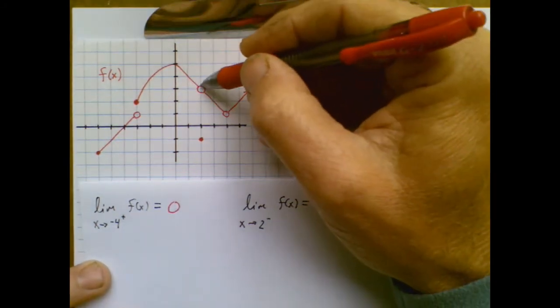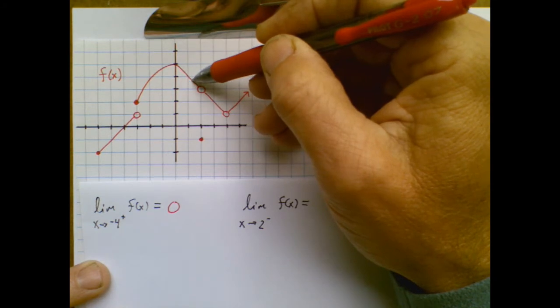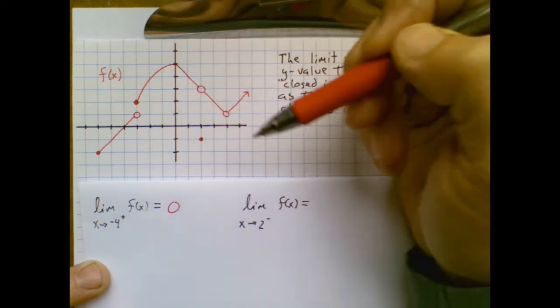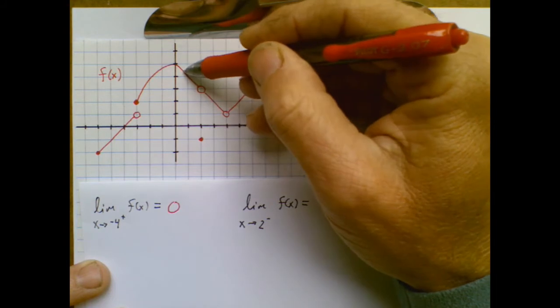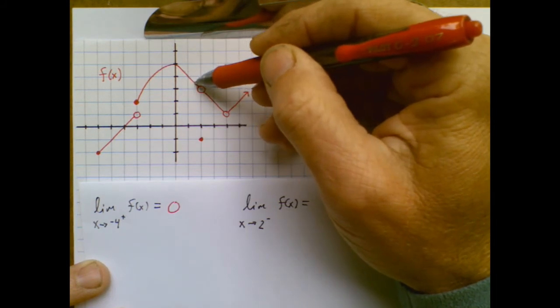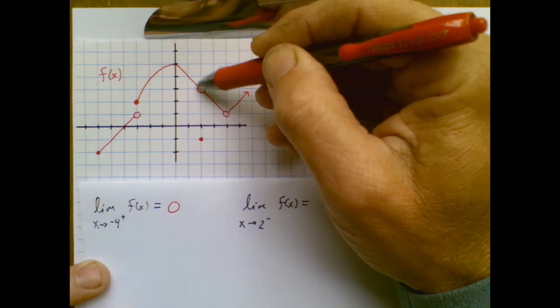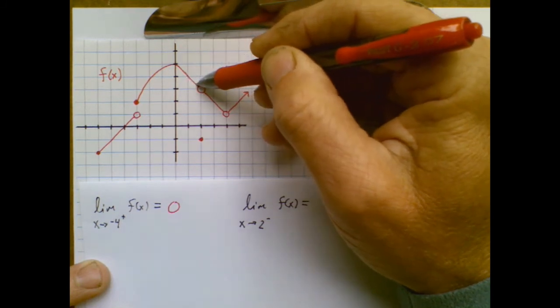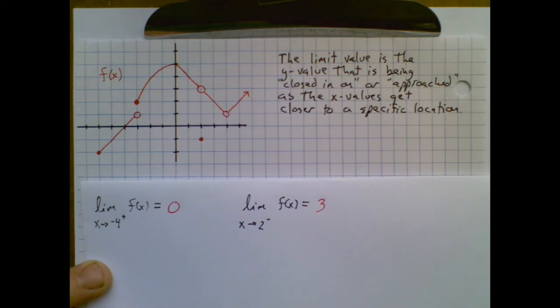As I approach 2 from the left, I'm closing in on a y value. I'm getting closer and closer to a y value of 3 as my x value gets closer and closer to 2. So believe it or not, the answer is 3.